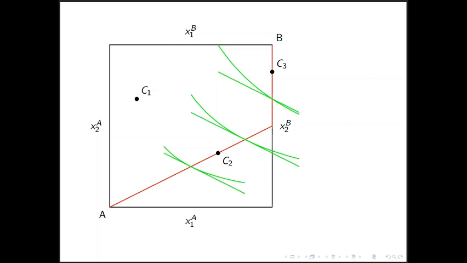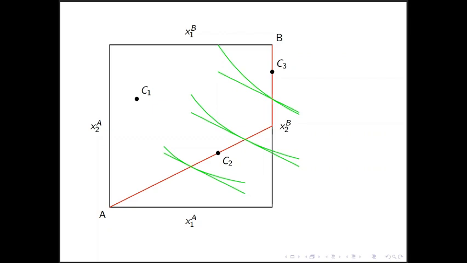Here is the Edgeworth box. I have drawn the contract curve, which is the red line, and I have drawn the indifference curves that go through some of the points on the contract curve. I've also drawn the initial allocation, which is C1, and C2 and C3, which are just points on the contract curve.